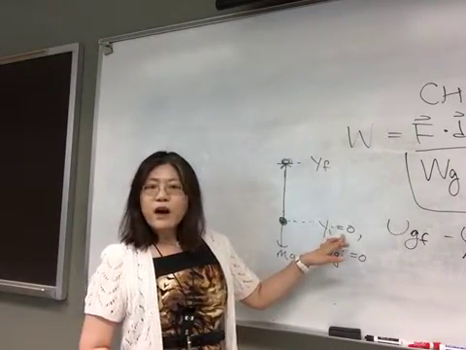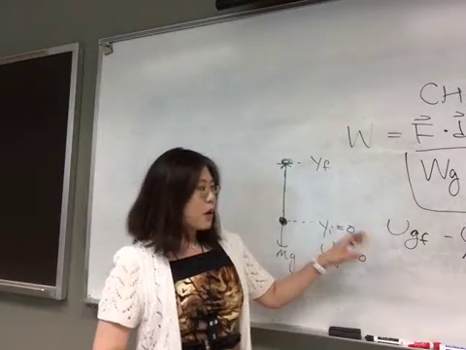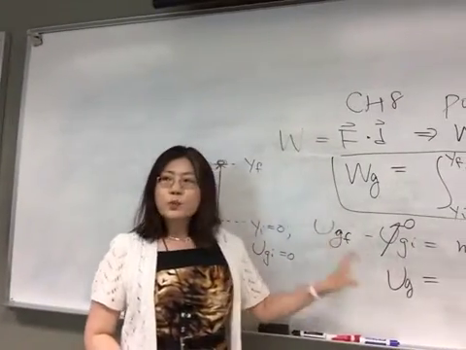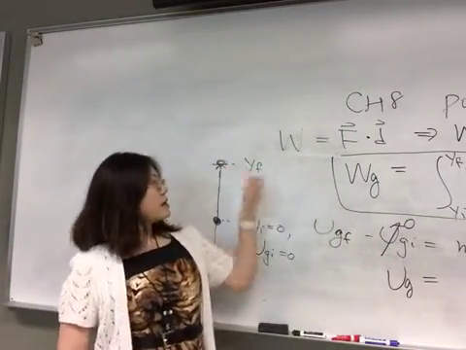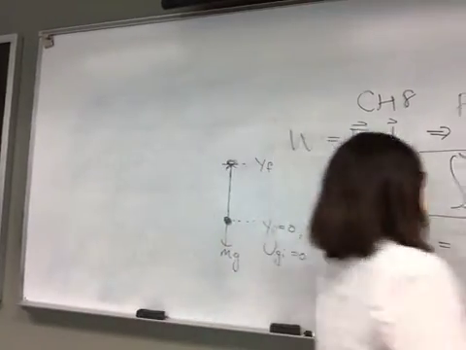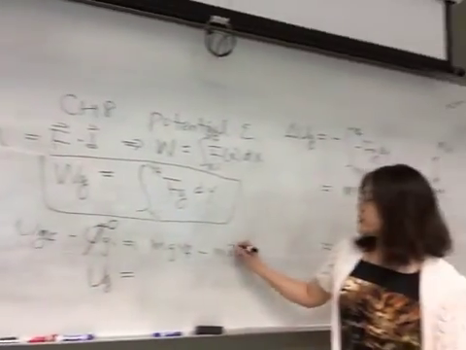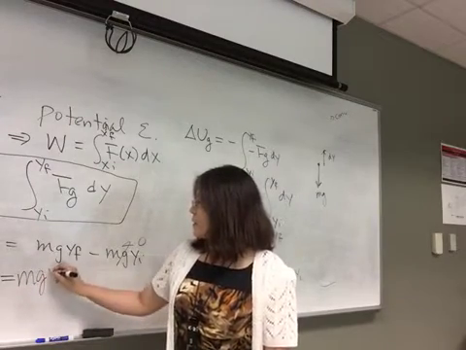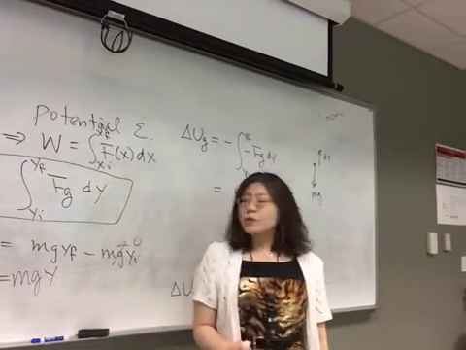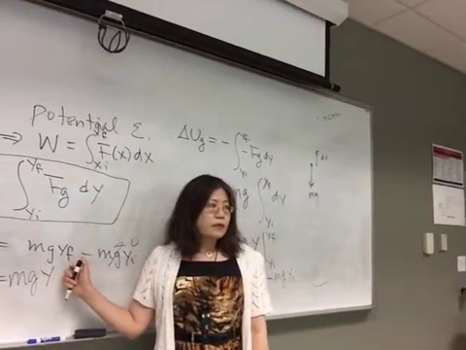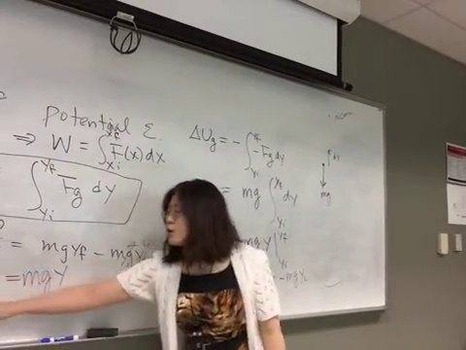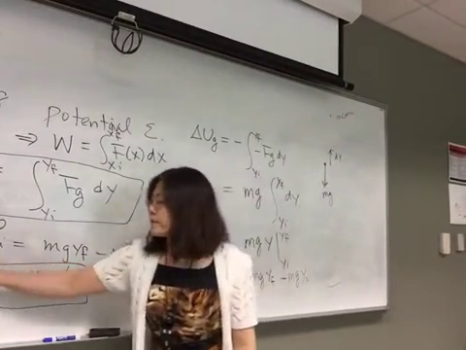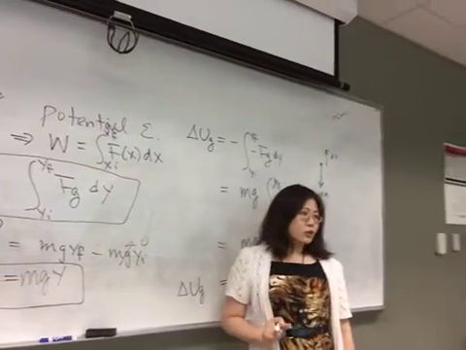At the same time, we define this ground position to be 0. So this is the gravitational potential energy at this final height, and that's equal to mg times yf, and instead of yf, we drop the f, so it's just mgy. So this is the expression for gravitational potential energy.